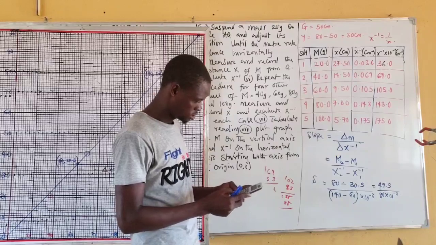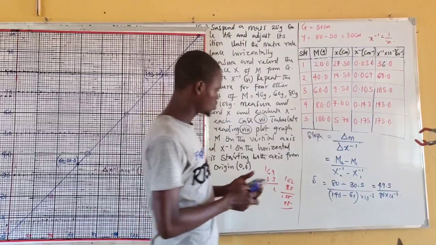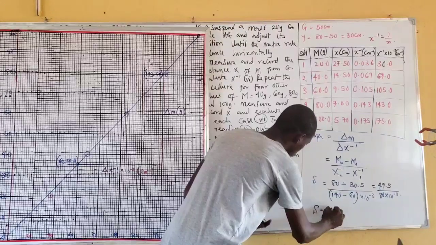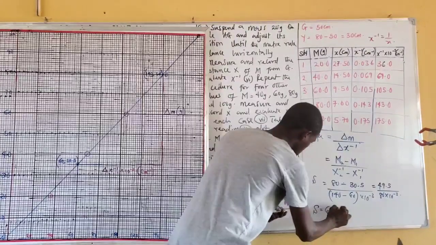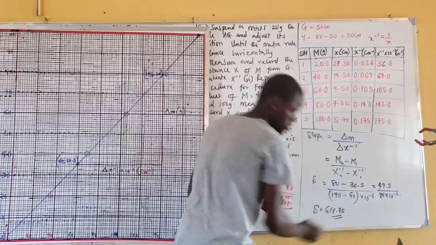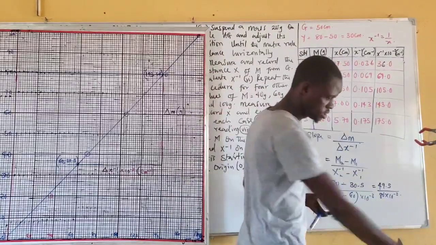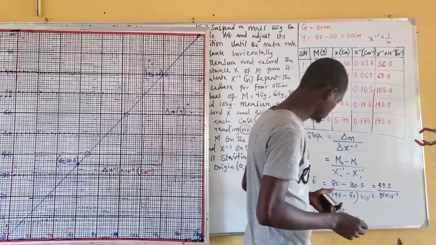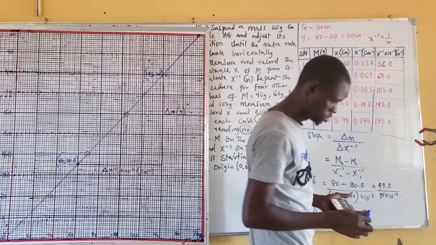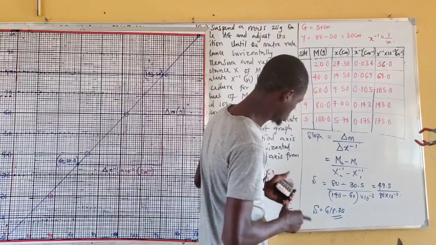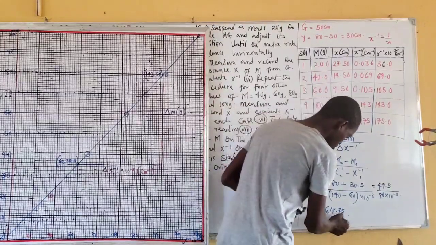Then I'll be having 618.75. That is the slope, 618.75. Okay, that is our value of the slope.